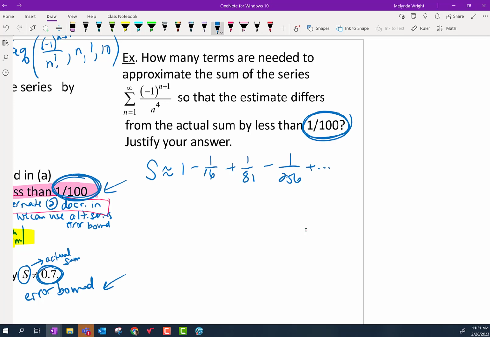I don't know who named it this, it's kind of interesting, but someone called this stop and chop. So we list out our terms. We just used our calculator to do it. It's not like we had to do a lot of work for that. And we go until we get to a term that's smaller than 1 over 100, and then we stop and chop. So what does that mean? That means that we need 3 terms. 3 terms are needed.